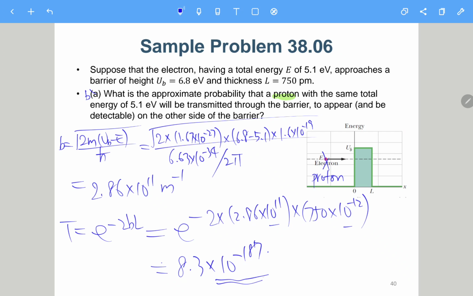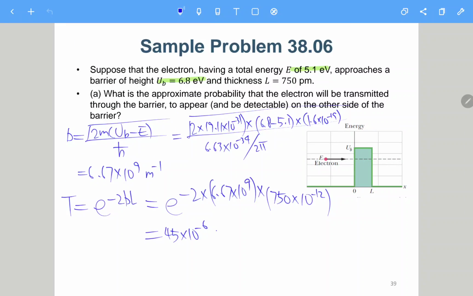Okay, I don't know what to call this one. This is really small. You can imagine, even if we change from electron to proton, the probability of tunneling decreased drastically.